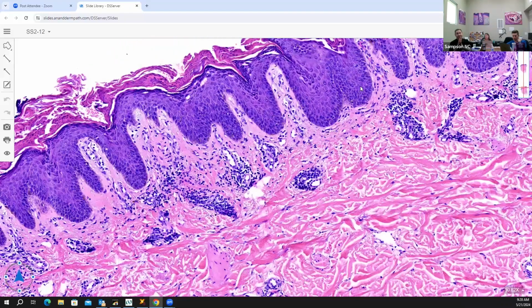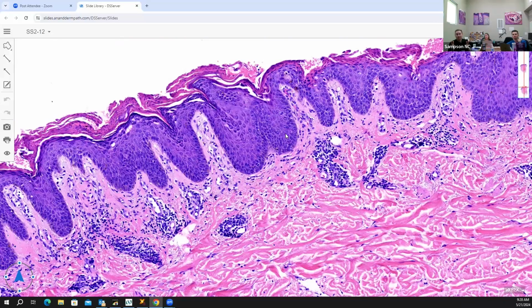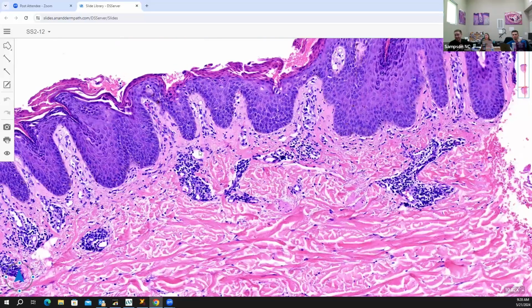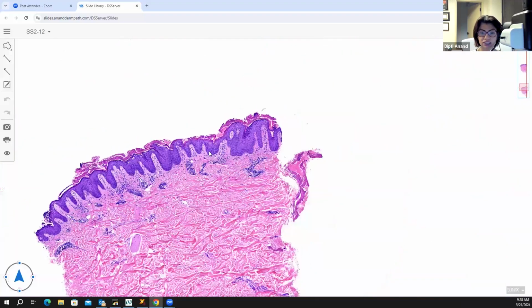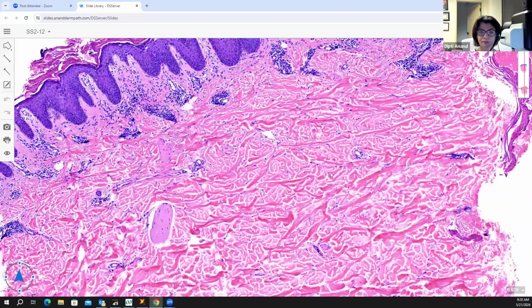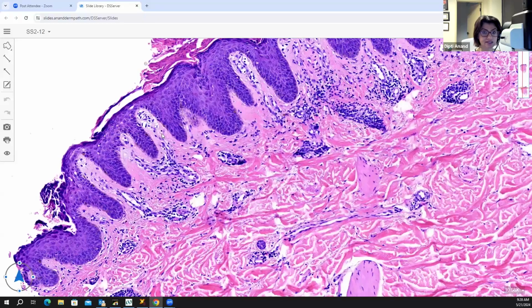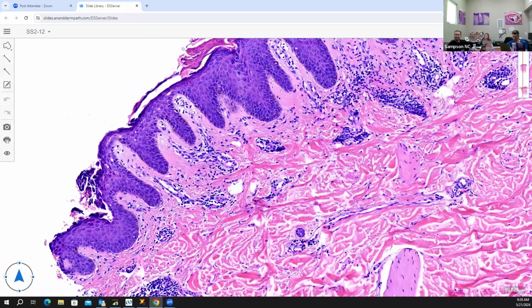I wonder if there's not too much of a granular layer either, so is this psoriasis? Okay, so it's a psoriasiform pattern, but the granular cell layer is there. True. See that? Yeah.